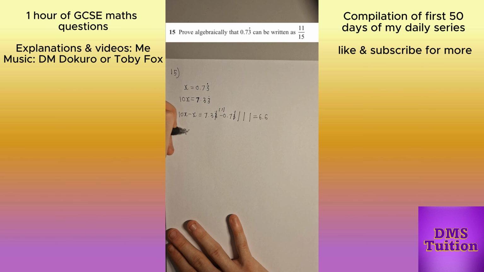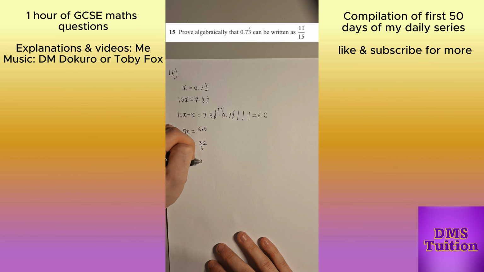And then we get 9x equals 6.6, or converting into nice form, 9x equals 33 over 5. Then we simply divide by 9. x equals 33 over 45.